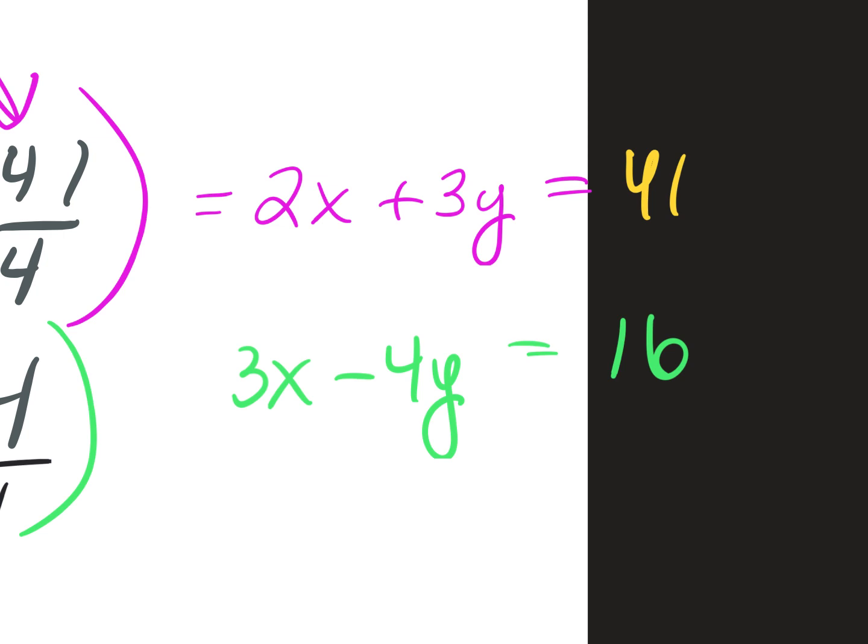You want to multiply one or both of your equations by a number that will create exact opposite coefficients. So in that case, we can get rid of x's or we can get rid of y's. It doesn't matter. You'll get the same answer. You'll solve for one variable and then discover the other. But do you want to get rid of x's here or you want to get rid of y's?